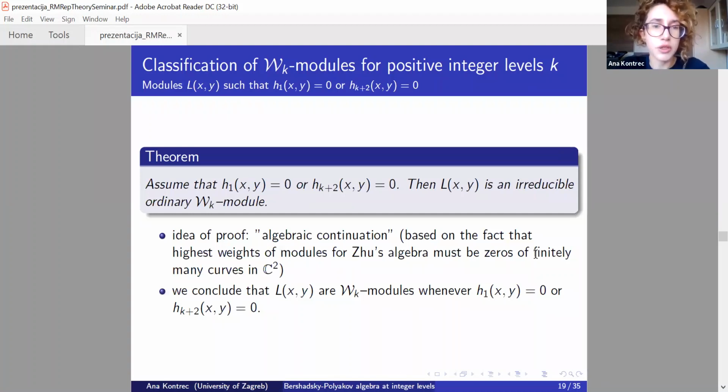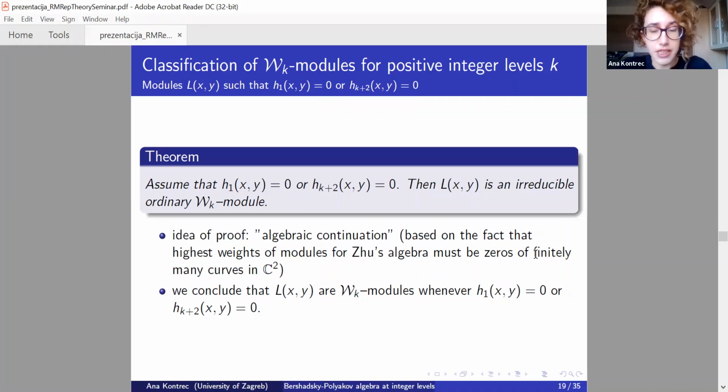But now, we know that we have an infinite family of modules, but we still don't know that, in fact, for any zero of the curve h1 or hk plus 2, Lxy is in fact a WK module. So how do we fill those gaps?